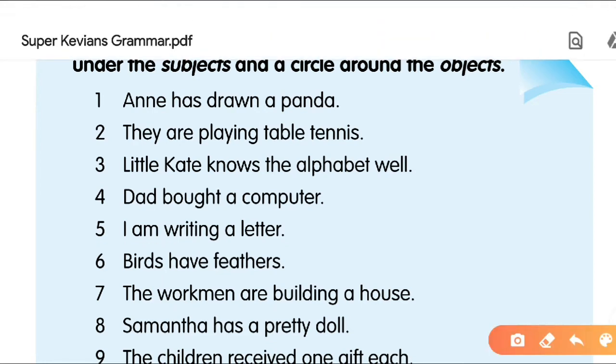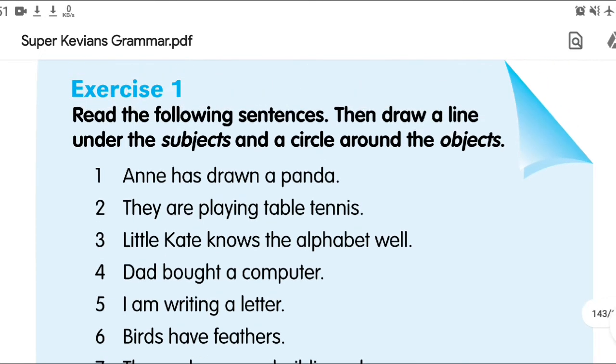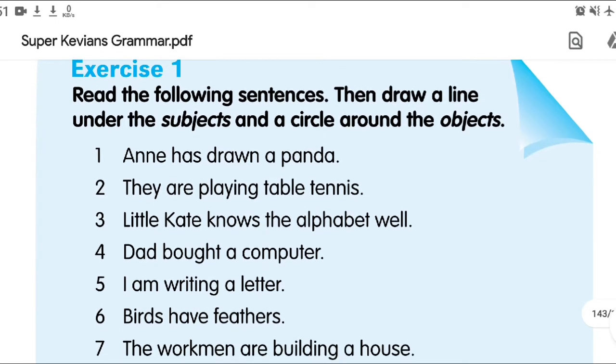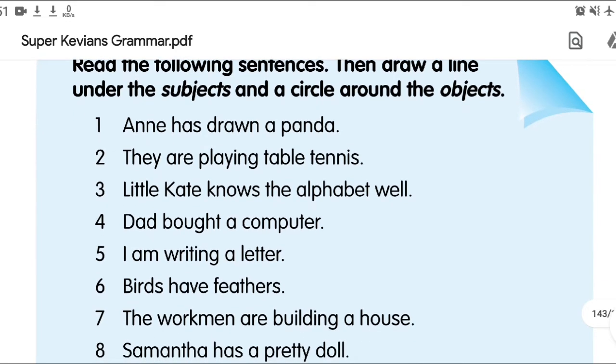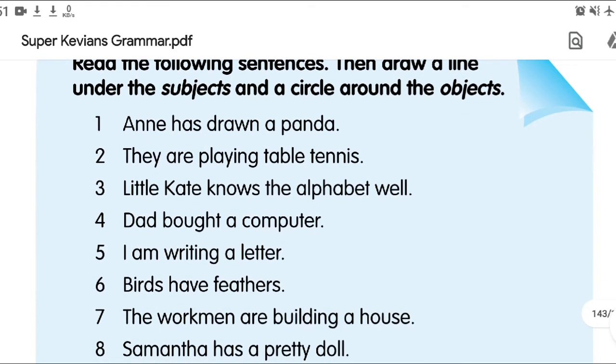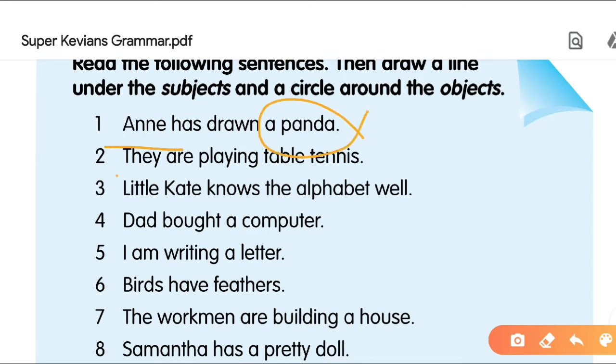We have to underline the subject, and we have to put a circle around the objects. So let me clear it. Underline the subject. So who is the subject here? Anna is the subject here, and a panda is the object.